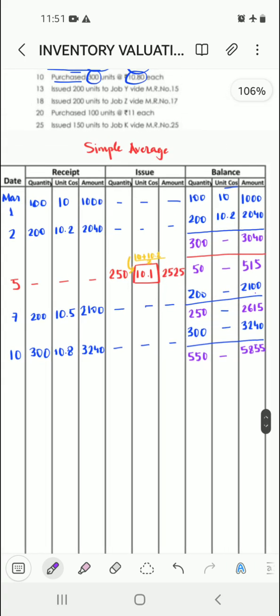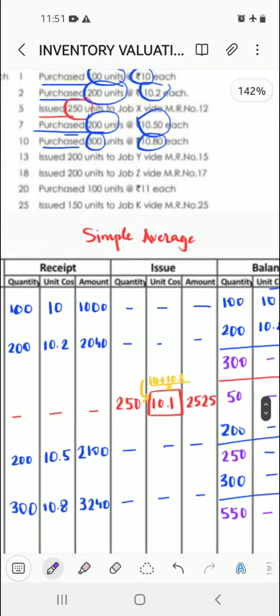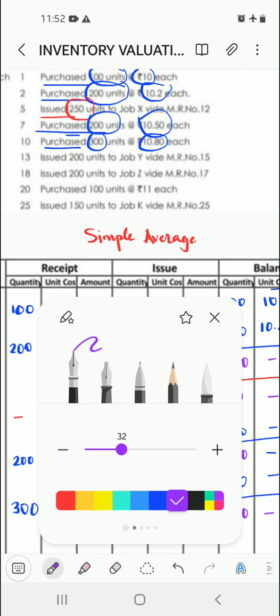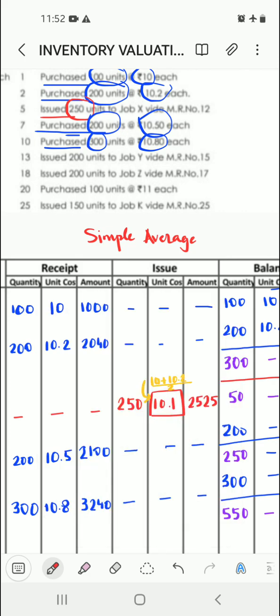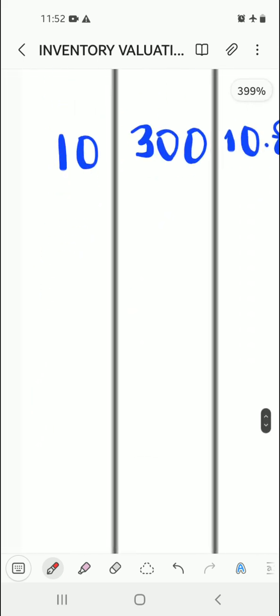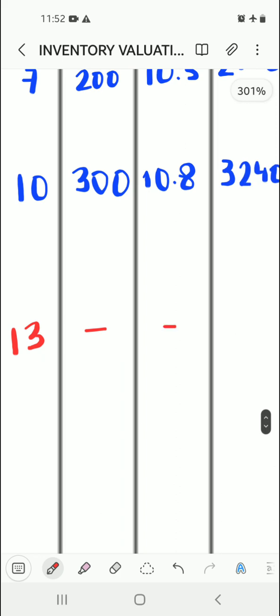Now we're going to move to March 13. There has been an issue of 200 units. March 13, issue of 200 units. I'm going to write it here. 13, no purchases.